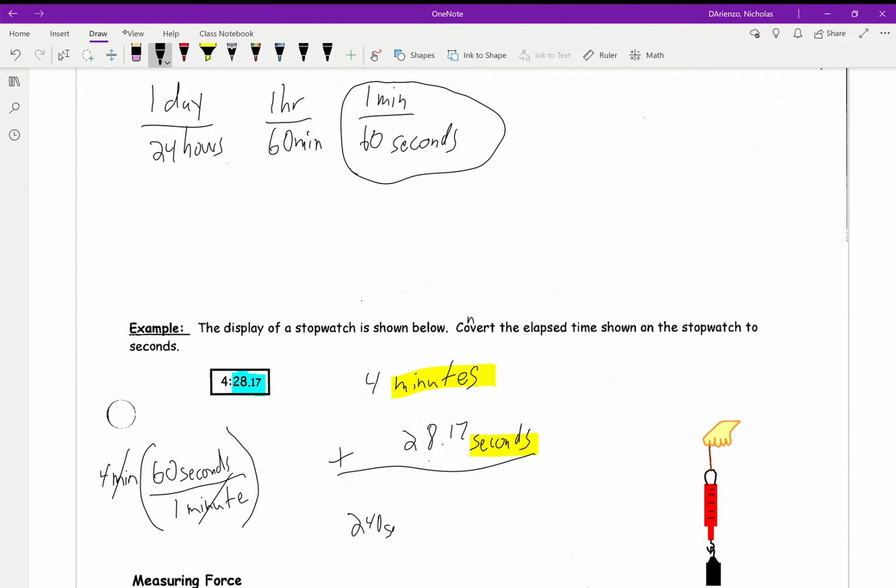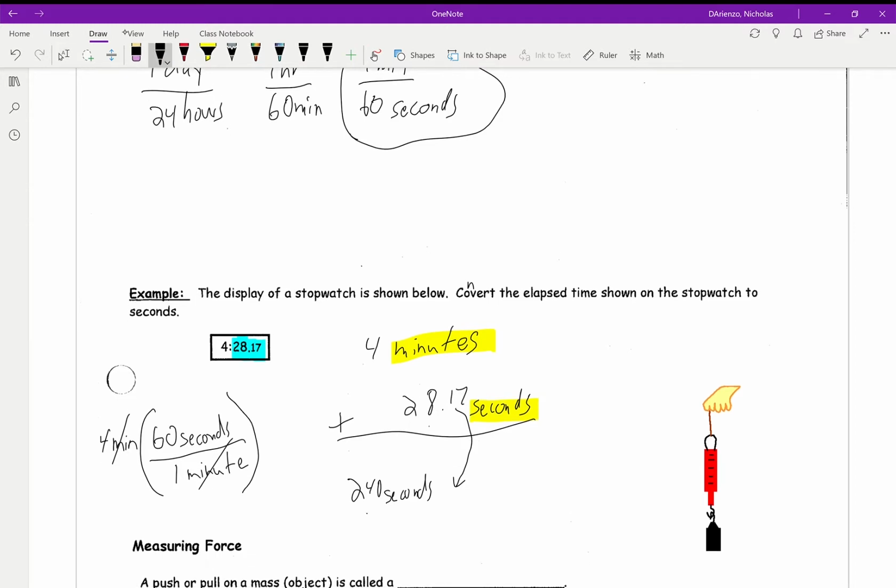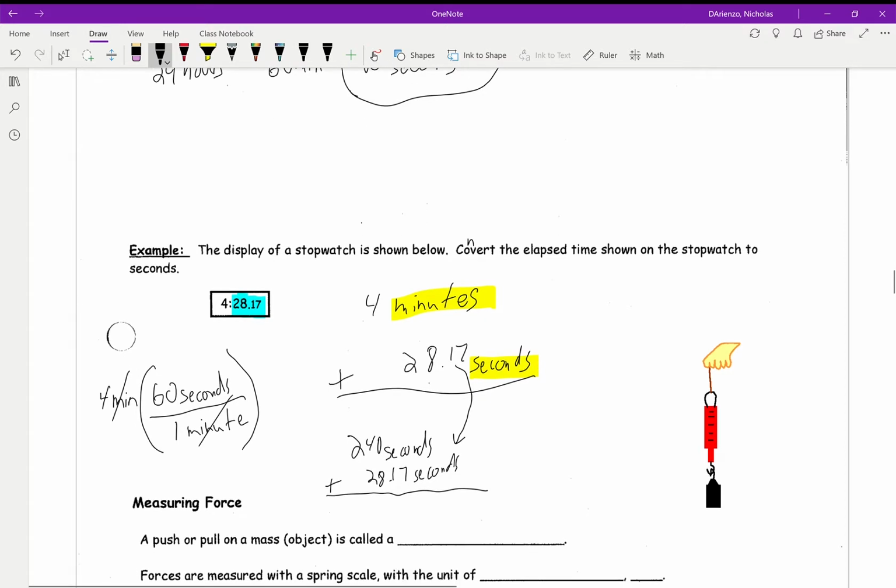We're left with seconds. We can now add that to the 28.17 seconds. These are not completely aligned, apologize. We add these together and we end up with 268.17 seconds. And we have satisfied what the question had asked.